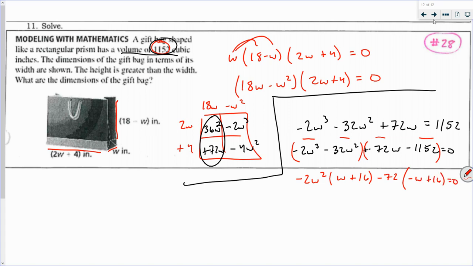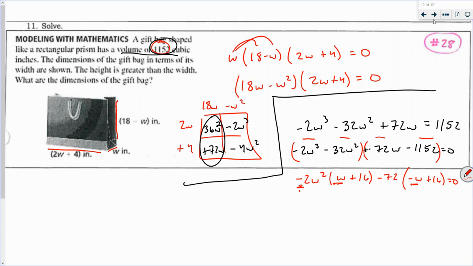So here's what I'm going back and trying to search for. I can't have these parentheses looking different. If I don't pull out a negative here, then this will be minus. What am I missing?